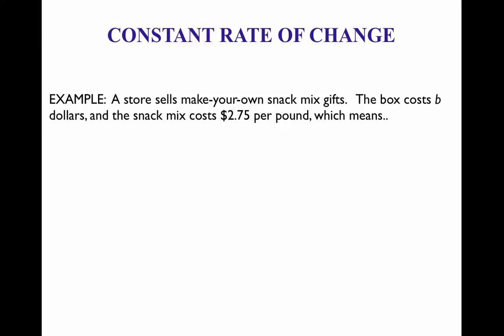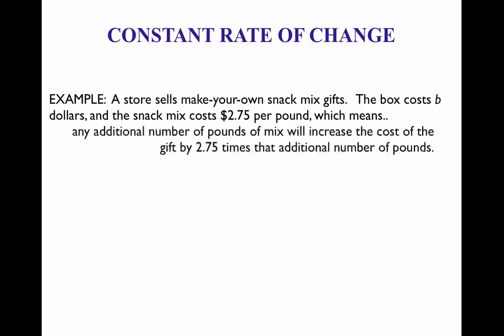Well done. How about in the back? Same thing. Okay, good. Any additional number of pounds of mix will increase the cost by 2.75 times that additional number of pounds. So I just phrased it differently, but that's the point. If you put more into the box, how much more are you going to pay?